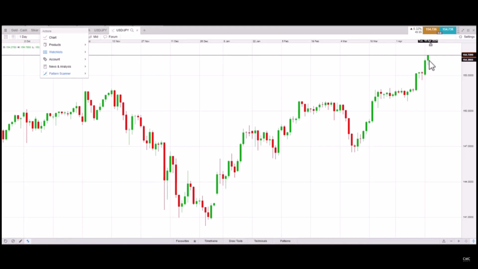If for some reason we start to see the dollar break down against the yen under that level, then yes, it is possible that we would see at least some kind of a reversal where the dollar gets a little bit weaker against the yen. And if that happens under 154.30, of course, what we could be looking at very quickly is a move down to around 153.35, then 153, and of course, ultimately at that 151.80.